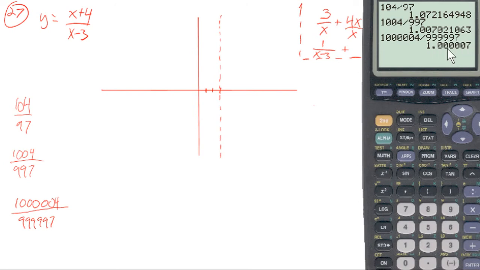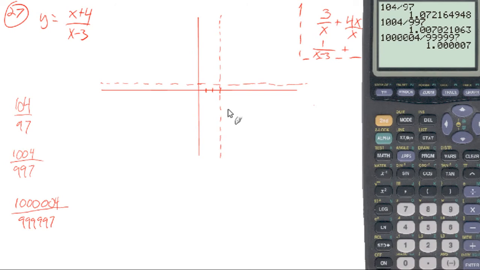This 0.000007 is just a tiny number. So it's just slightly bigger than 1. So as we put in really big numbers for x, we're just getting closer and closer to 1. So that is going to be our horizontal asymptote. And we're going to talk about this in so much more detail in the next section. But this is a good intro.